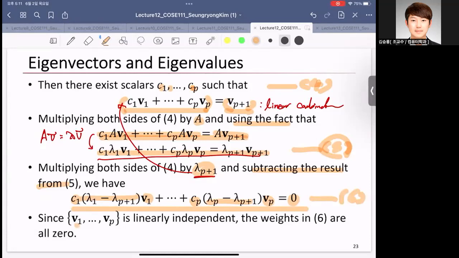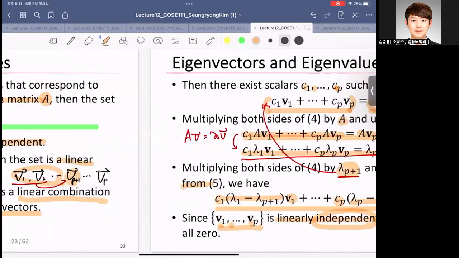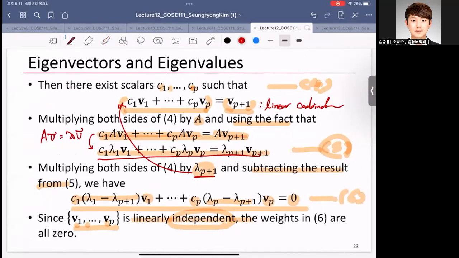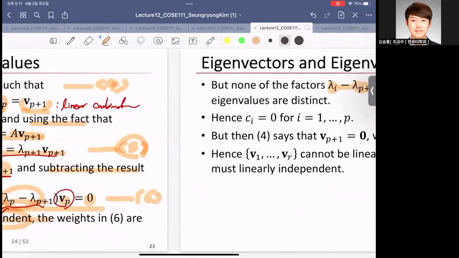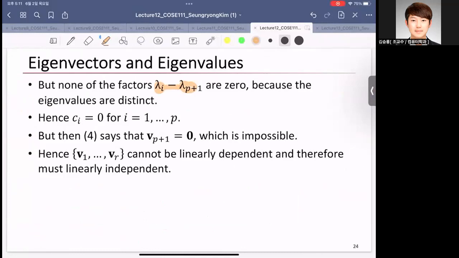Since V1, V2, ..., Vp are linearly independent, as we assumed up to here, the weights in equation 6 must all be 0. But none of the factors (lambda i minus lambda p plus 1) are 0, because we assumed the eigenvalues are distinct.